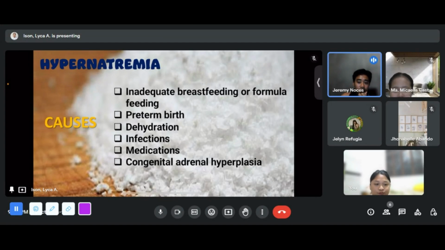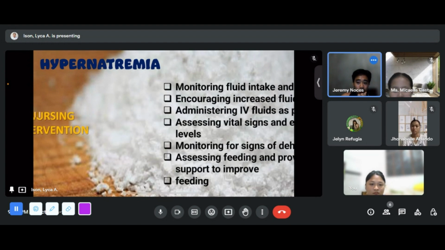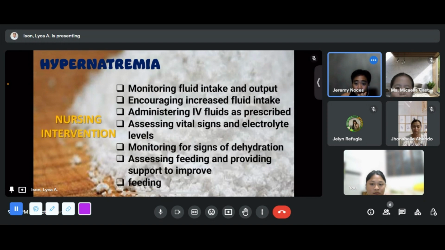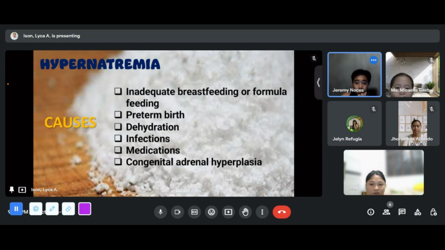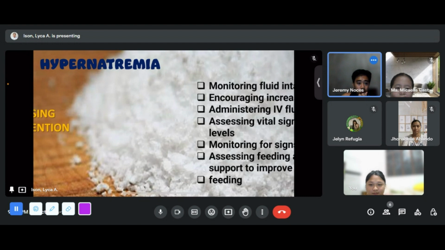Ito naman, it refers to a group of genetic disorders. So, genetic disorder siya, meaning namamana siya. This condition affects the adrenal glands and causes the body to produce an insufficient amount of cortisol. Okay, next.